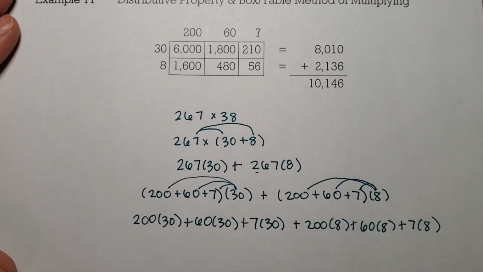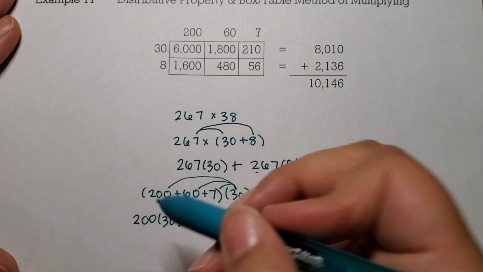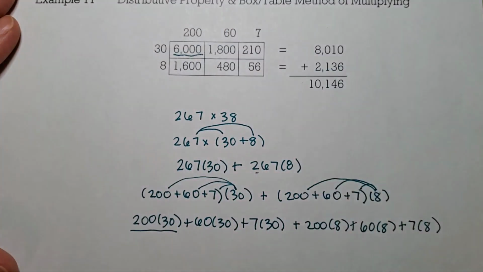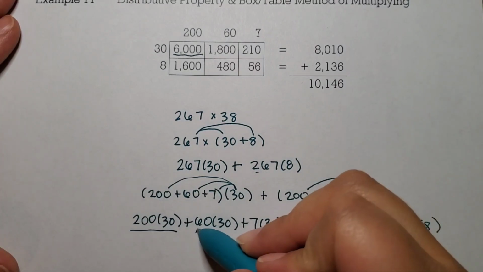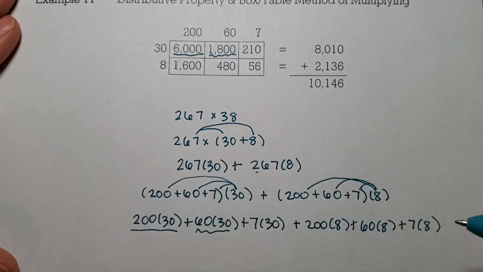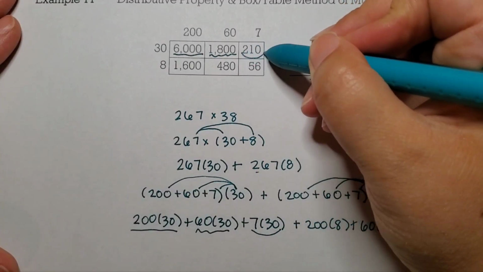And if I look at what we did with our table method, this is exactly what we did. We have 200 times 30, that's this first box. 60 times 30, that's this box. 7 times 30, that's this one here.